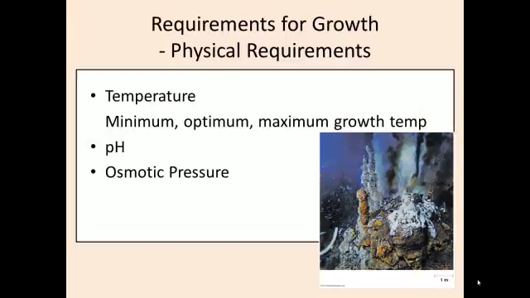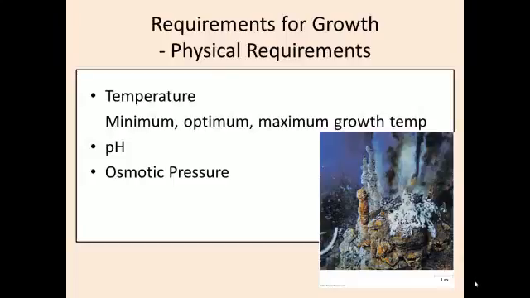And there are organisms living next to these vents that can survive pretty close to sterilization temperatures, hotter than boiling water. If we put them at what we consider normal room temperatures, it is just way too cold for them, and they will stop growing. This is beyond their minimum requirement.